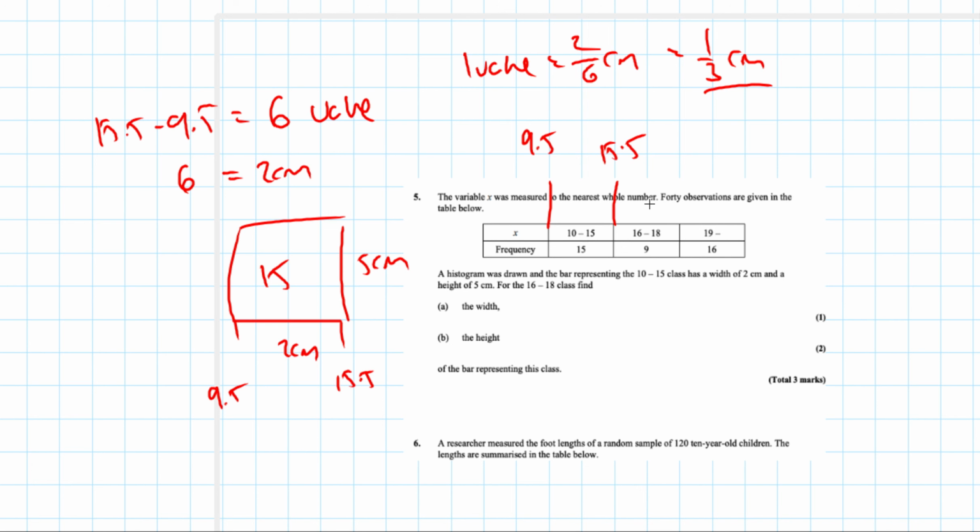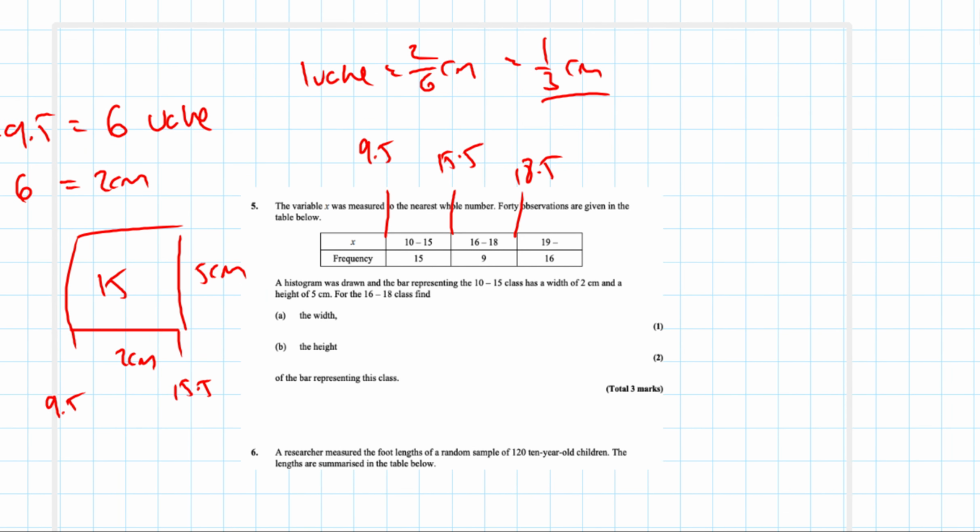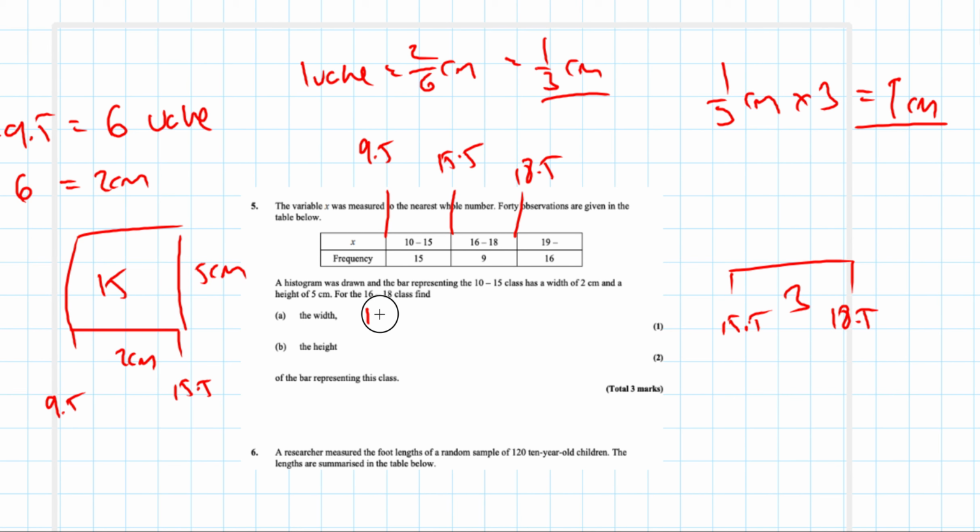So from here we go to the next one. So the next class is 16 to 18. So again, we're going to use our class bounds for 15.5 to 18.5. So 15.5 to 18.5, this is worth 3 values. So it's going to be 1 over 3 centimeters times 3, because this is 1 value and we've got 3 of them. So it's equal to 1 centimeter. So the width is equal to 1 centimeter.